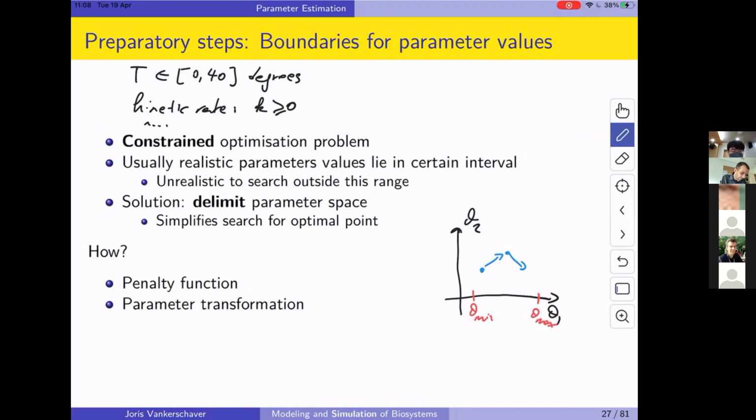We want the exploration of where the best parameters are to take place entirely inside this range. Because by definition, if we go outside that range, we might find some parameters for which the optimal value of the objective function is better, but they're not physical parameters.